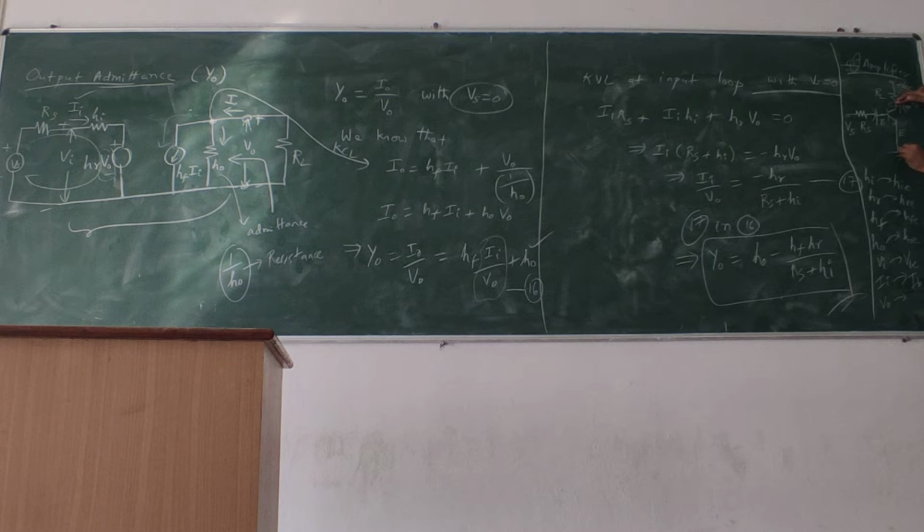V0 here, so VCE. In place of I0, what can we take? Output is collector. Input is base. That is why for input we have taken base current, base voltage. Output is collector. That is why collector voltage, collector current.